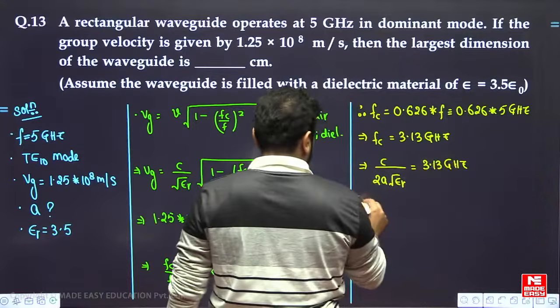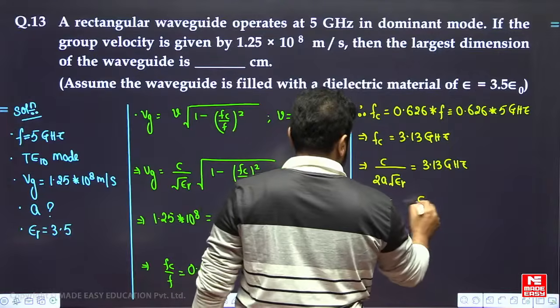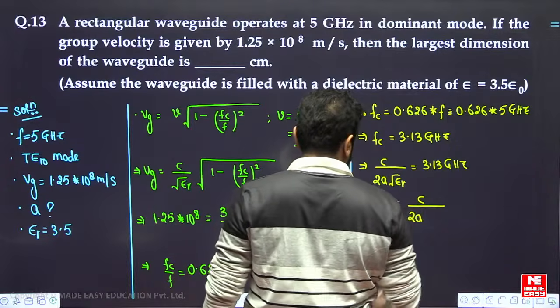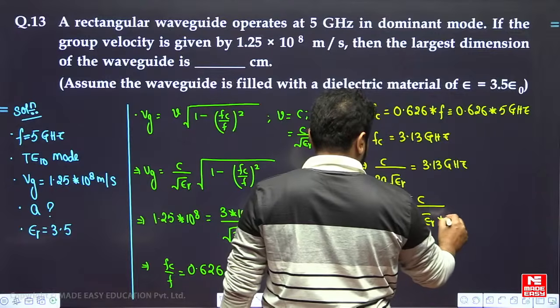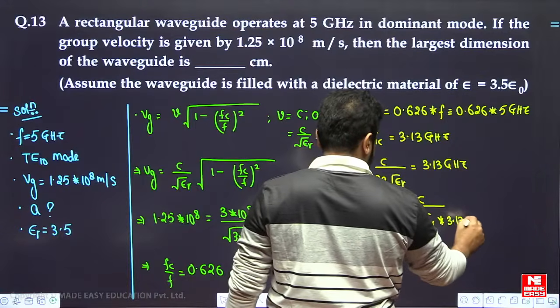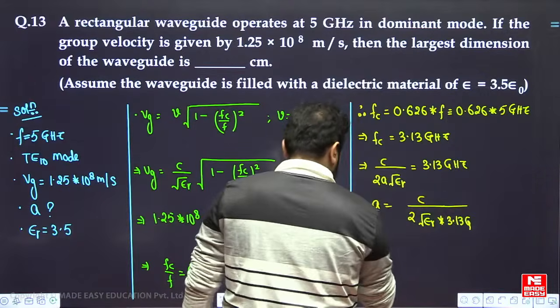So from here the value of a will be C upon 2 root epsilon r into 3.13 giga, correct? So what is the value of a?